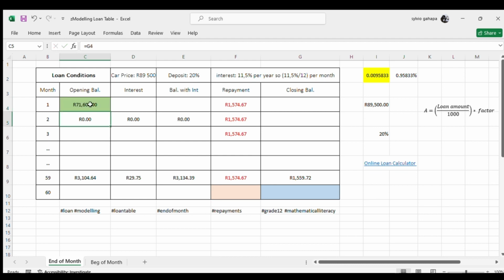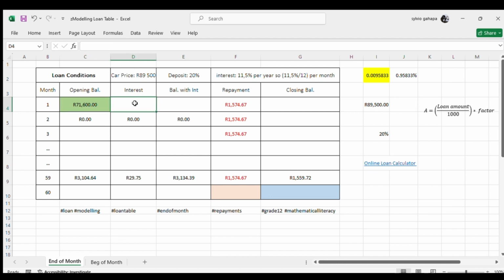I'll get the same amount, 71,600. So that is the correct price. If I go back to the first method, I got 71,600, and if I use the other one, which is 80% of the price, it also gives 71,600. So that's how we get our opening balance.